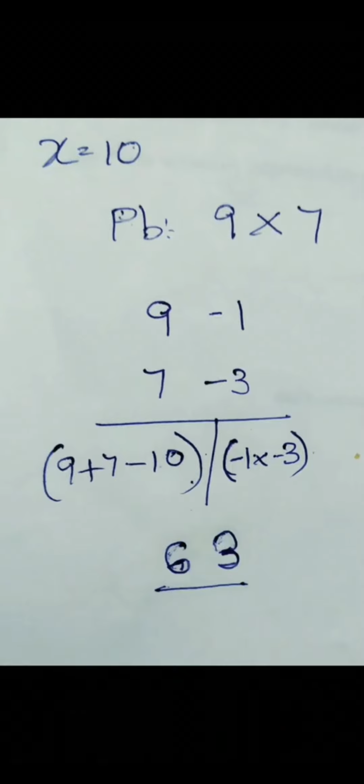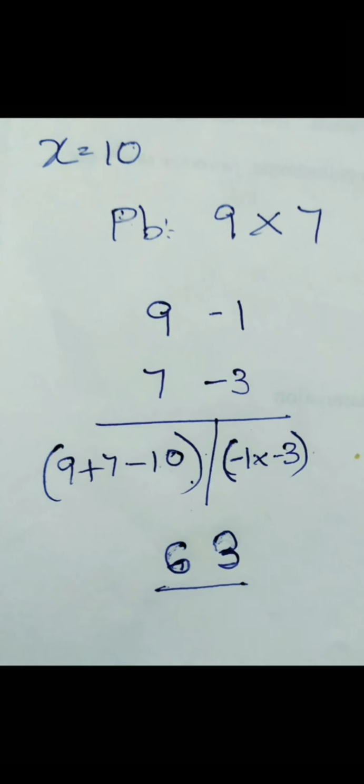First, let us take a small example where we are trying to multiply 9 and 7. So here we are taking 9 and 7 in this manner, and minus 1 is nothing but the difference of 9 and 10. And why is it negative? Because 9 is less than 10. Similarly, the difference of 7 with respect to 10 is 3, and it is minus because 7 is less than 10.